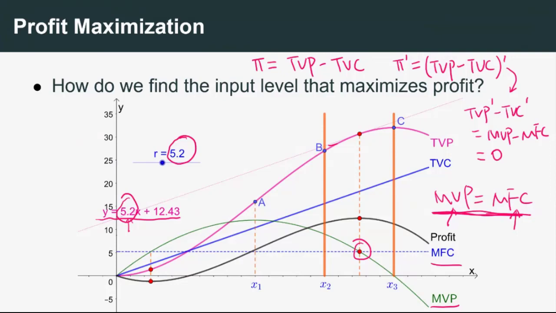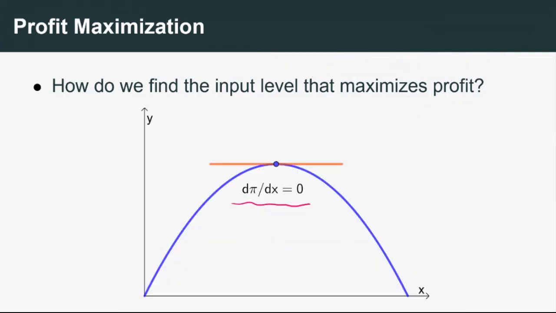And again, this condition of setting the first derivative equal to 0 is only the first step. And actually, let me remind you of something in case later on, when we're doing profit maximization from the output side, there's something you need to pay attention to.